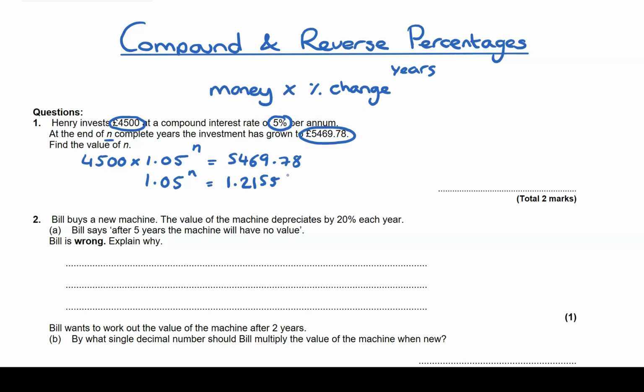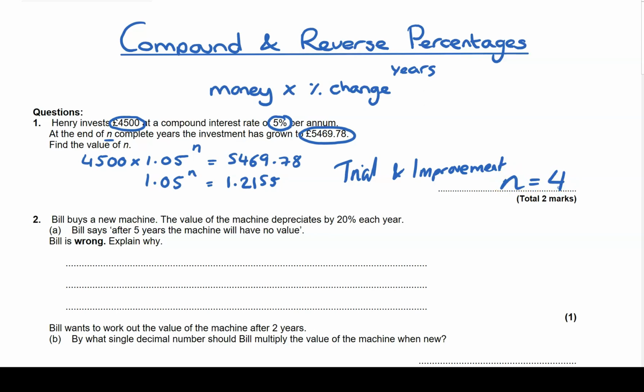It's 1.27. So it's got to be 1.05 to the 4, hopefully. Yes. Okay, so through trial and improvement, or trial and error, whatever you call it, I found that n is equal to 4.